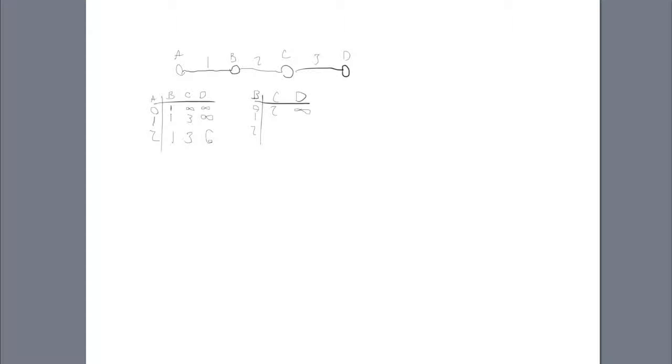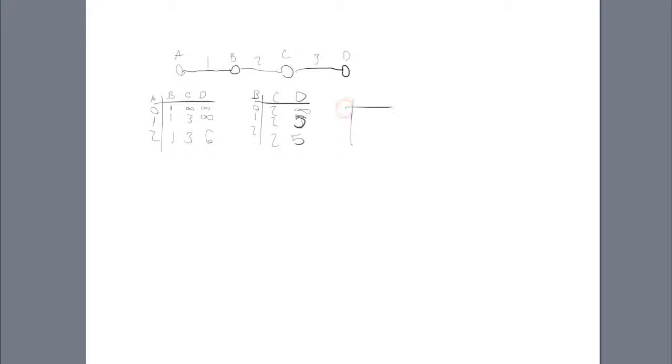Then in the next iteration, B knows about 3 because this is the initialization step, and then it tells B, hey, I know how to get to D. It costs 3 plus your value, so, oops, pardon, I should put 5 there. Yeah, so 5, right? So 2 plus 3, 5 to get from B to D.